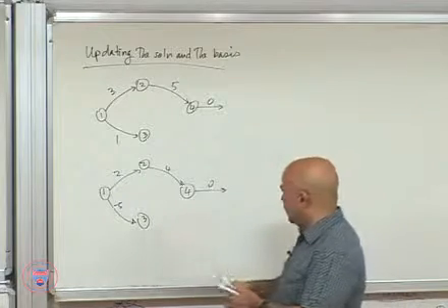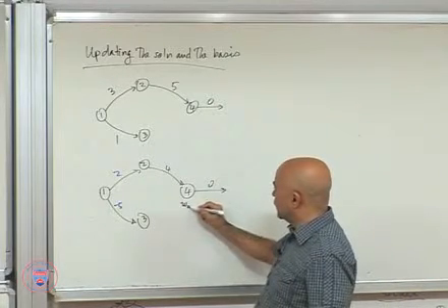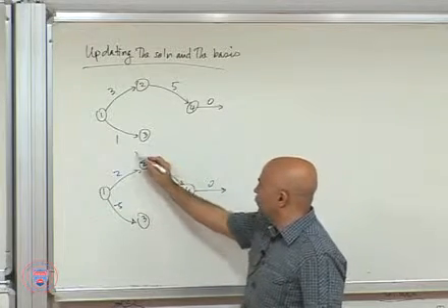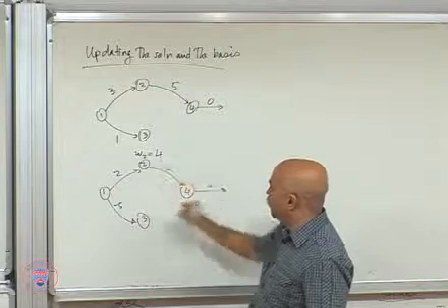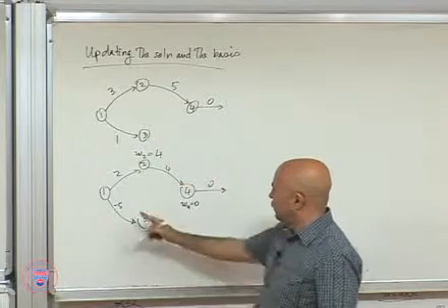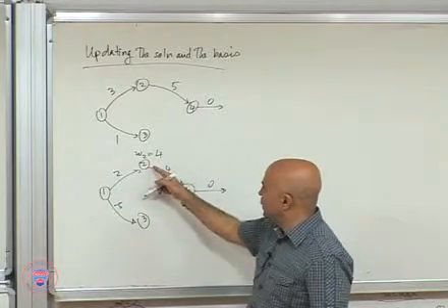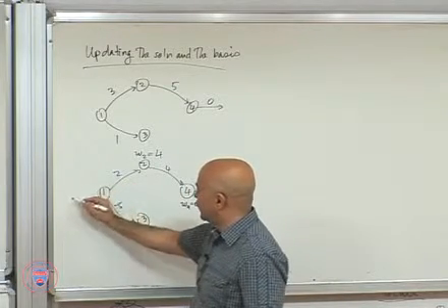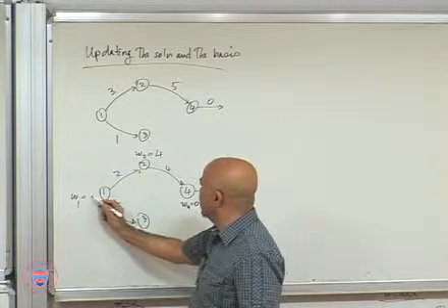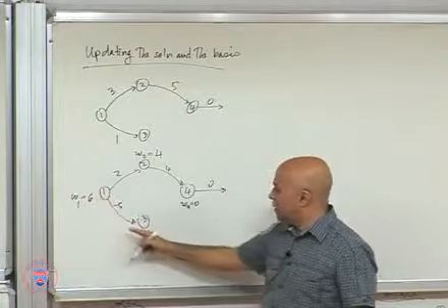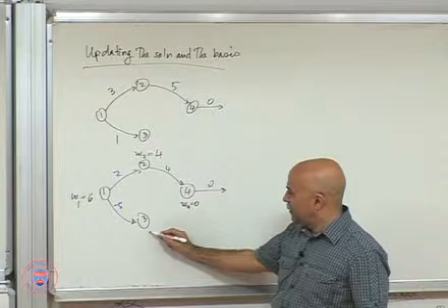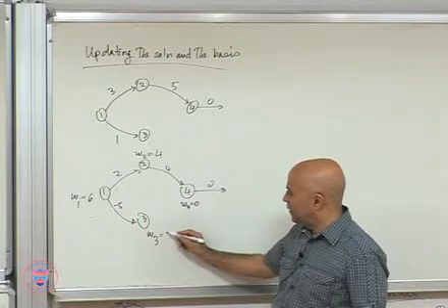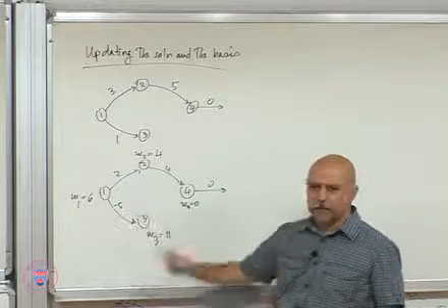So my W4 is 0. This minus that will be 4, so W2 is 4. And this minus 4 gives you 2, so W1 is 6. And 6 minus 11 gives you -5.